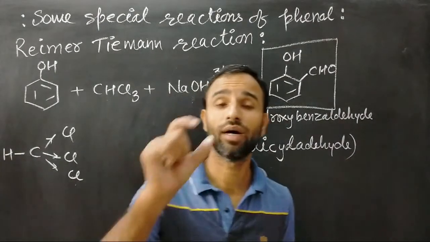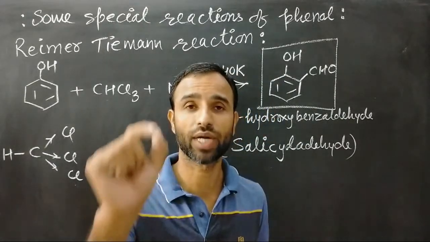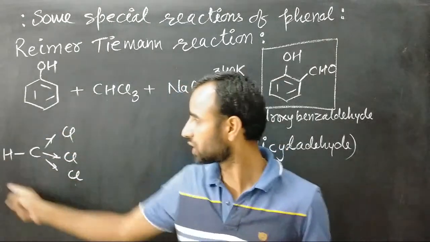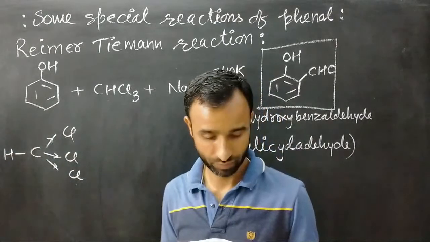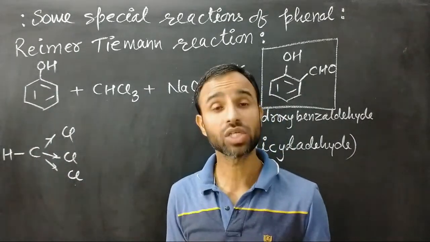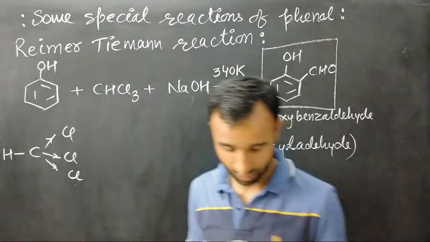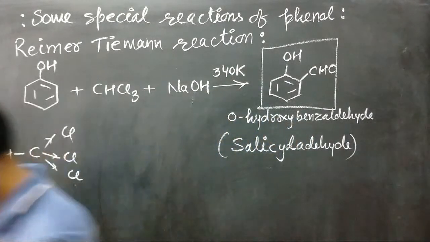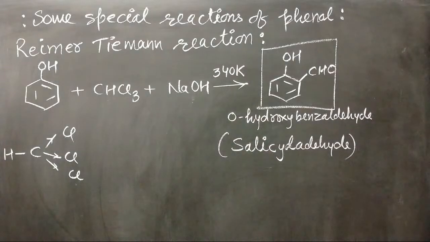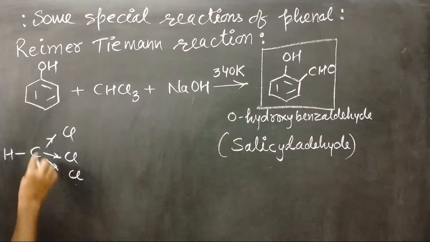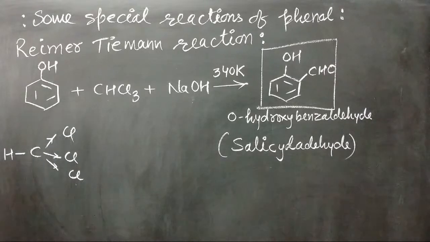What is the electronic effect of chlorine in chloroform? Minus I or plus I, minus R or plus R. It is minus I. Very good. Means these are electron withdrawing groups.